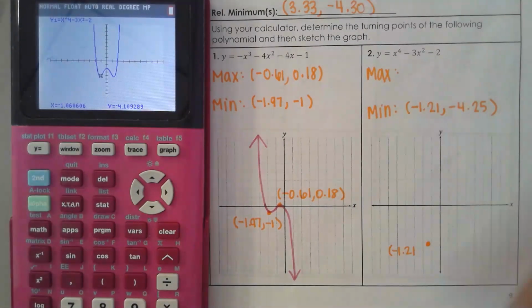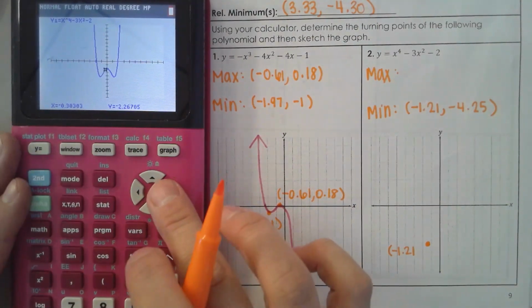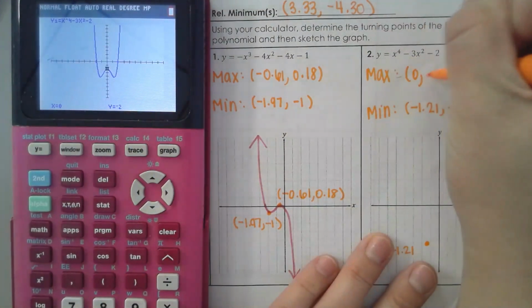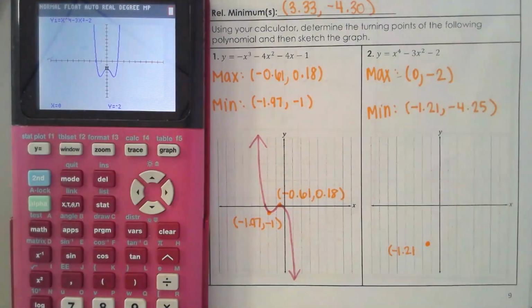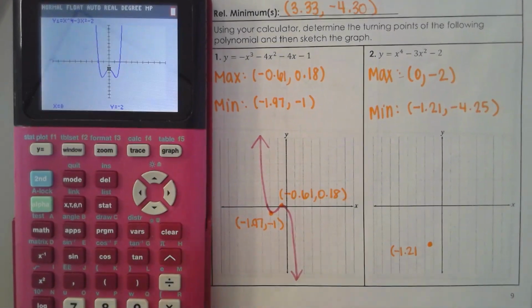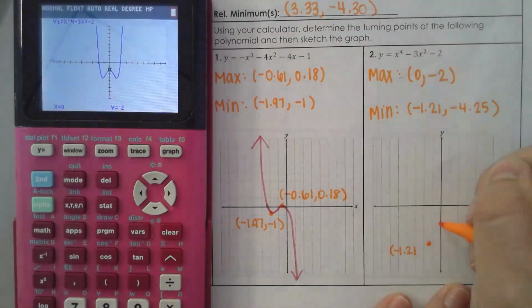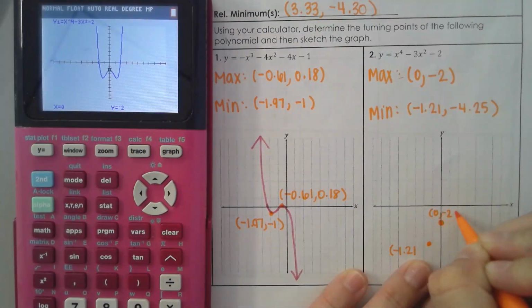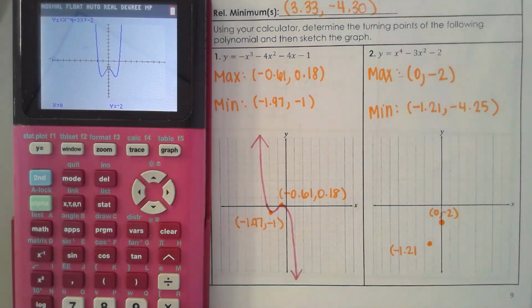And I'm going to go over to this maximum, this hilltop, which is at 0, negative 2. That one is on a perfect point. That does not happen that often. Zero, negative 2.